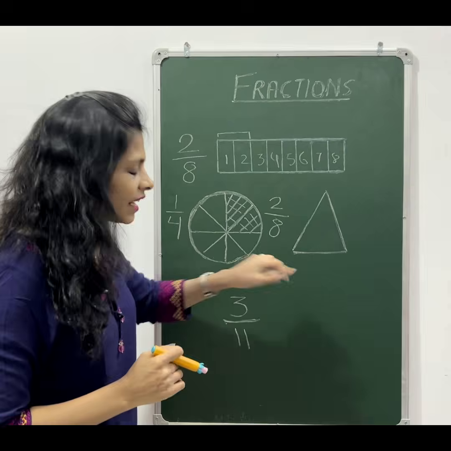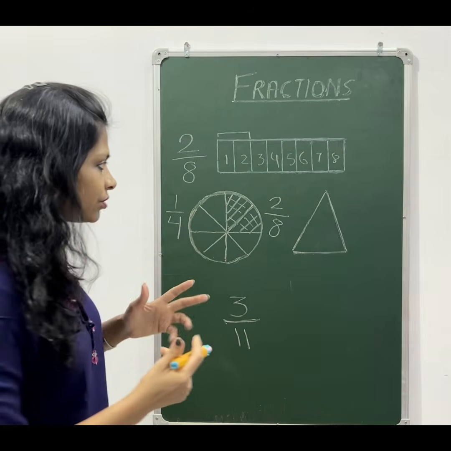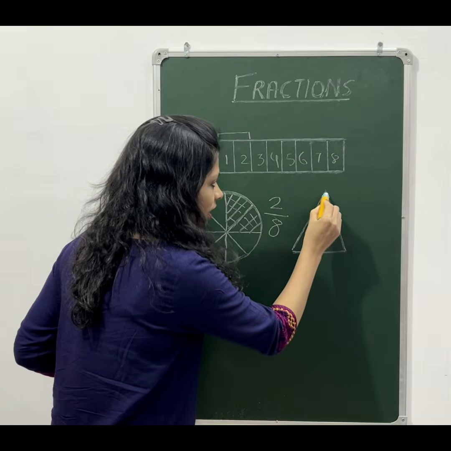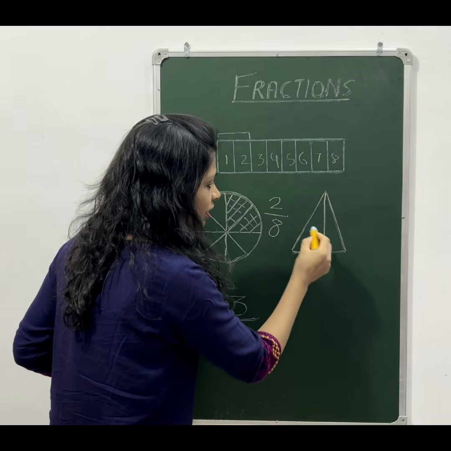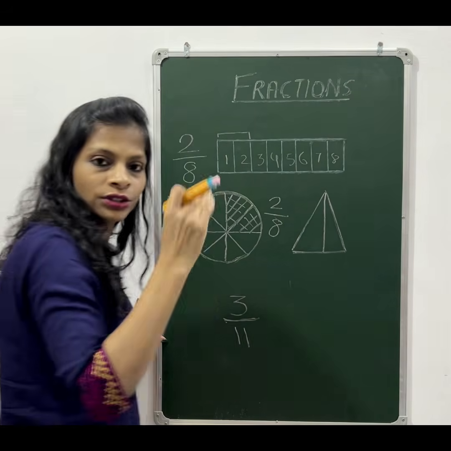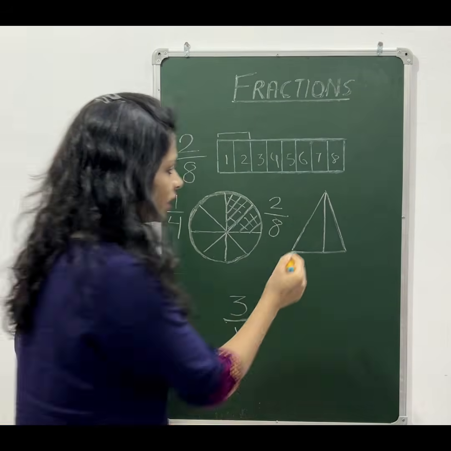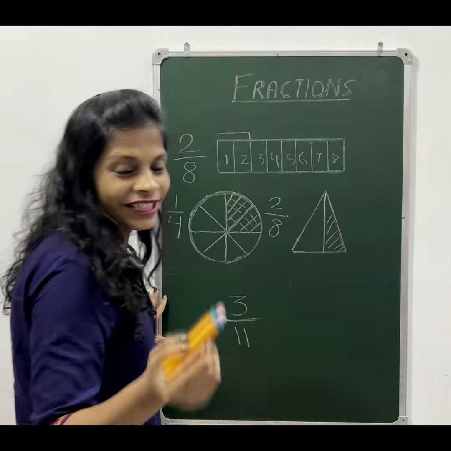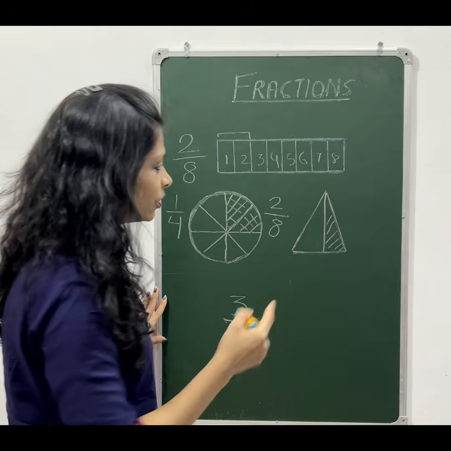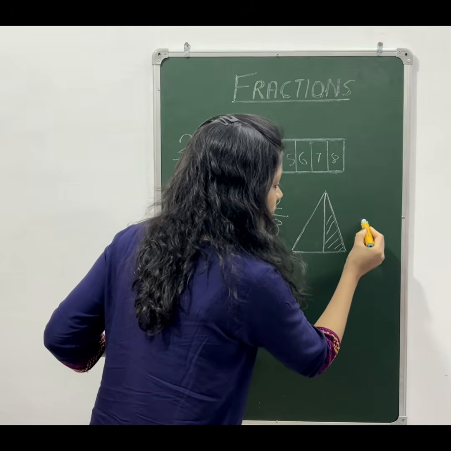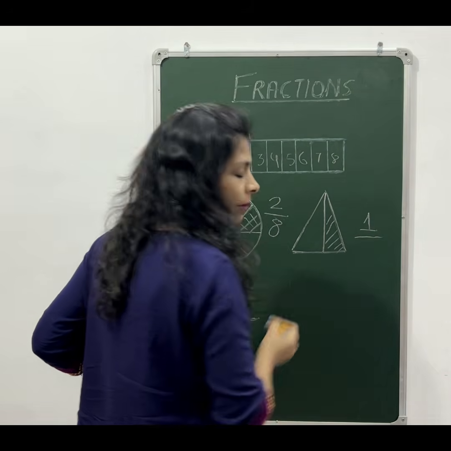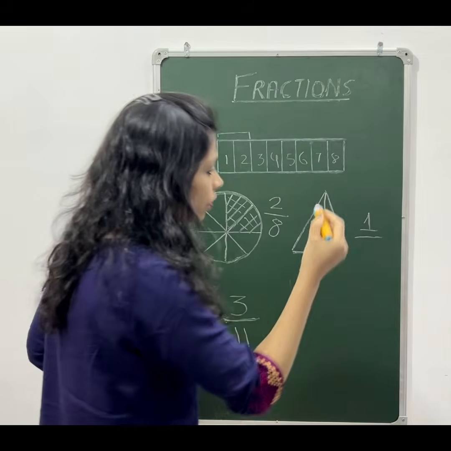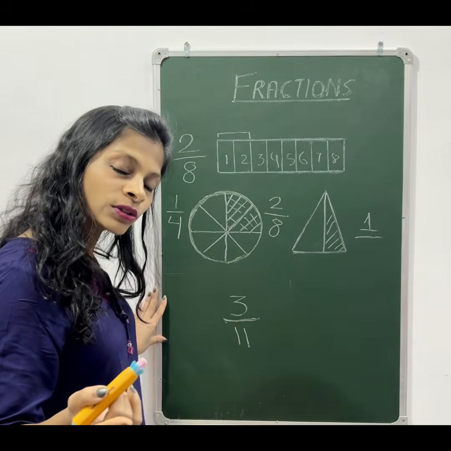Now let's say I have this triangle. In this triangle, if I draw a line in between which divides it into 2 parts, and I'm just talking about one of the parts, can you guess the fraction now? I will say 1 part, or the shaded part, upon the total number of parts. Can you tell me the total number of parts?